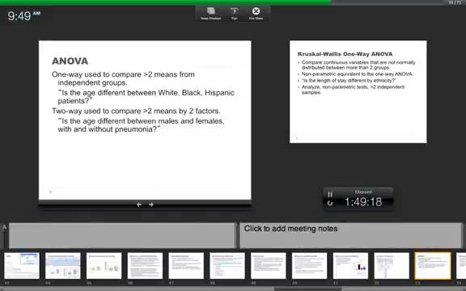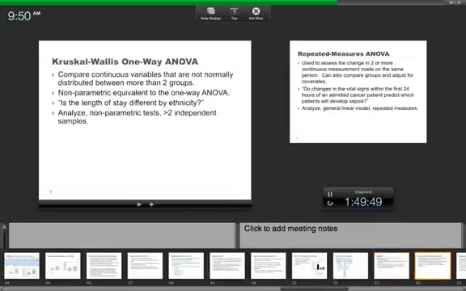Now, two-way ANOVA is used to compare more than 2 means by 2 factors. For example, the 2 factors could be the factor of sex and the factor of having pneumonia or not. You can ask, is the age different between the males and the females, with and without pneumonia? In that situation, you would use the two-way analysis of variance.